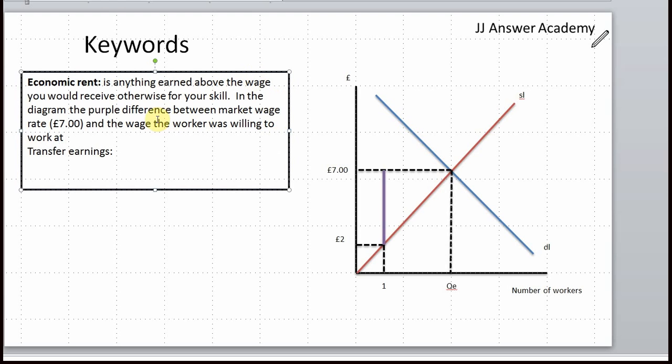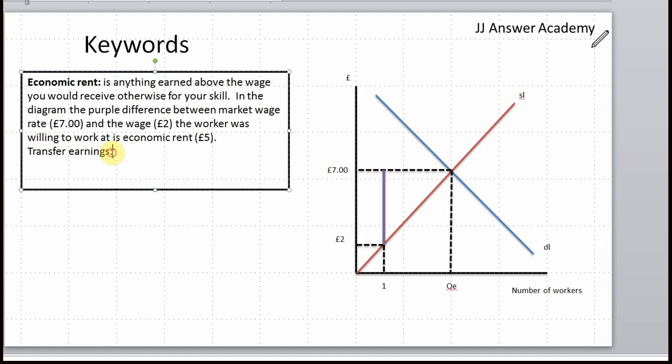So what is the wage he was willing to work at? £2. That difference is economic rent. So in our example, £5 is economic rent. Does this make sense?